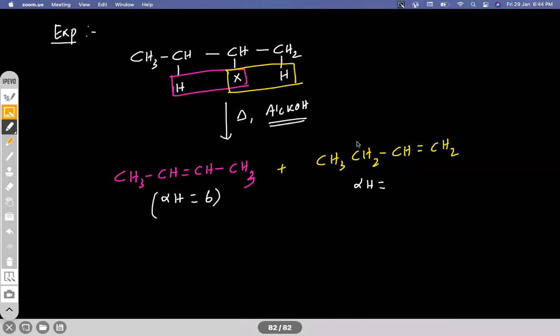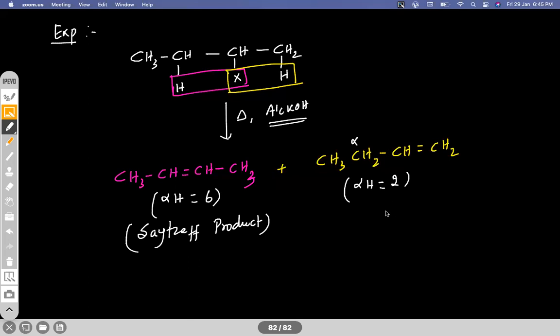Is it 5? No, we have only 2. Only this one is the alpha carbon. So we have 2 alpha hydrogens here. So obviously the first one has more alpha hydrogens, so it is more stable, correct? And the more stable product, we call it the Saytzeff product.